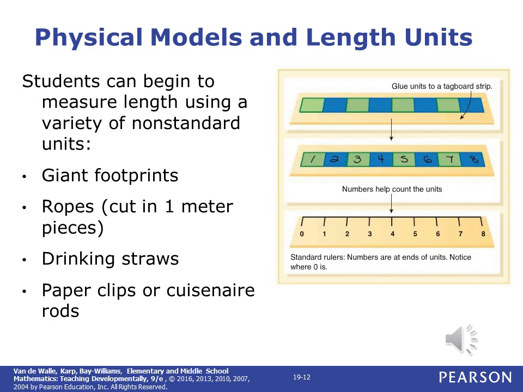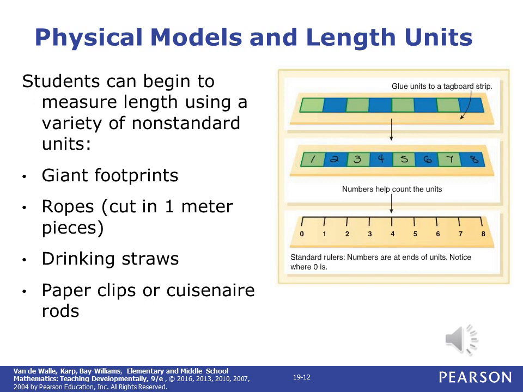You could even have students create their own rulers. The one on the slide is pretty precise insofar as students cut 1-inch squares out and then they numbered them, and they could then use those to measure. But actually creating it and then labeling it with numbers helps them to become more in tune with the numbers and the fact that it has to take up that entire interval or block of space to be that length.